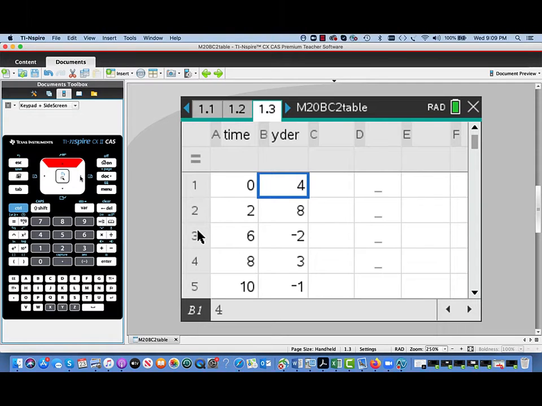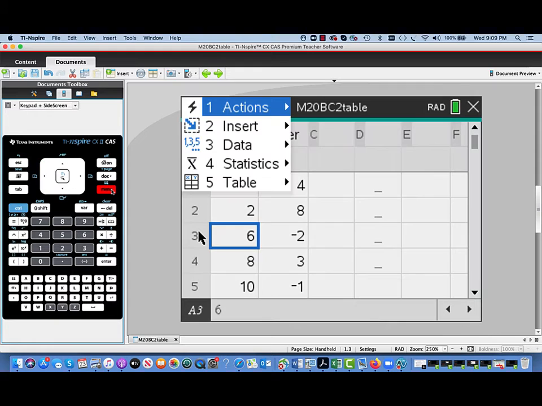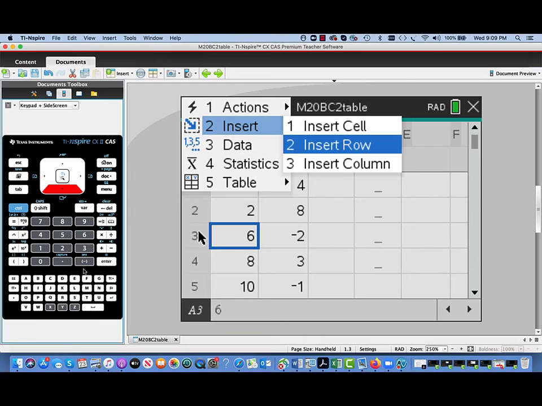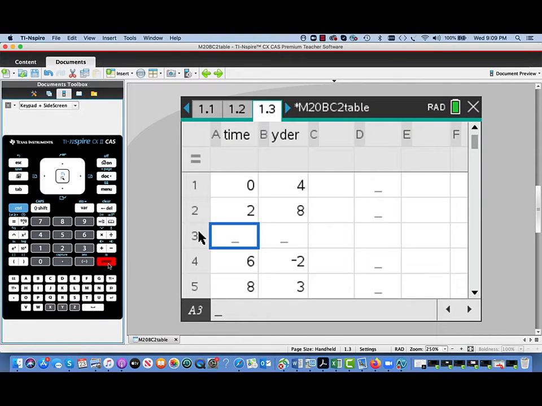All right, we're going to use Euler's method to approximate the y-coordinate of the particle at time t equals 4. Now notice time t equals 4 is not in our table. So we're going to insert a row for that time. Okay, so we've got an inserted row, and I'm going to enter 4 for the time. And I'm going to leave YDER blank because we don't know what y prime is at that time.